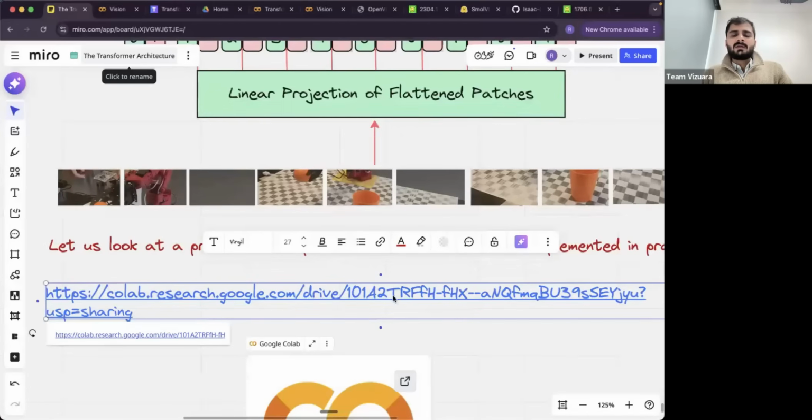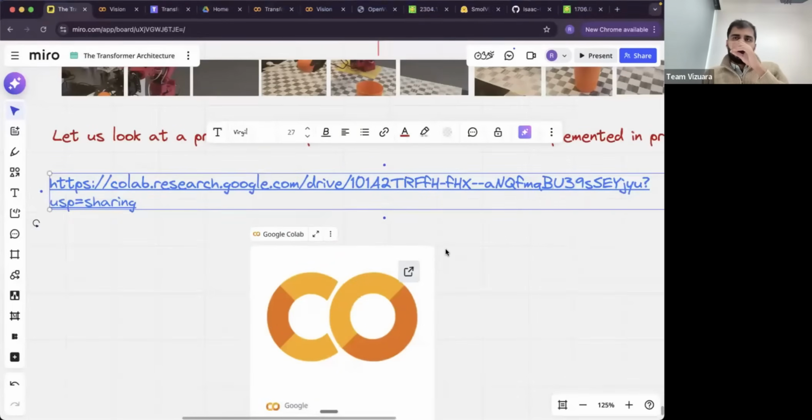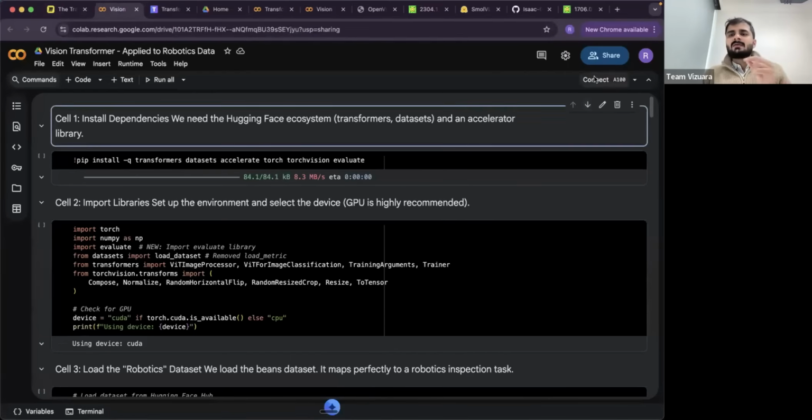In this link, what I have done is I have used a vision transformer on a specific data set. This is a simple data set which has different leaf images, and the images have different diseases. So there are different categories of leaf diseases in the data set, and we have to use a vision transformer to classify these images into the right category or the right bucket.